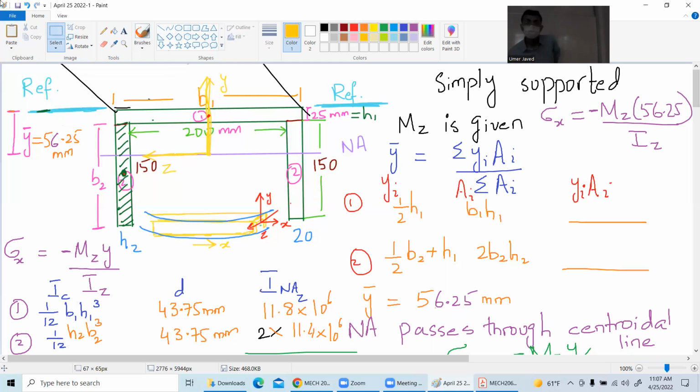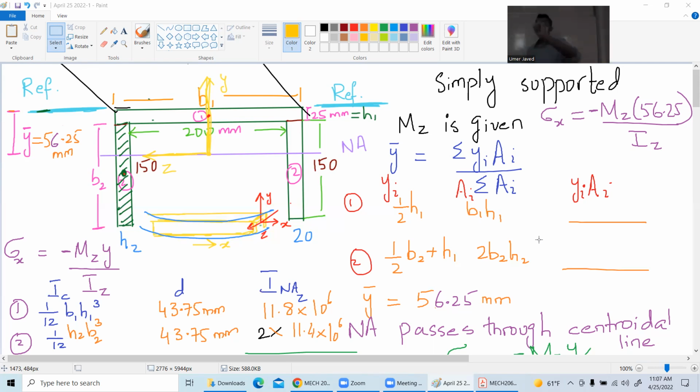Anyone? Okay. So let us proceed then, I suppose. We also write a reference for the top surface. No, it is not for the top surface. For the whole thing, you have to come up with a reference line because you want to calculate the y prime, y dash, that is the centroidal line, the neutral axis of the structure.